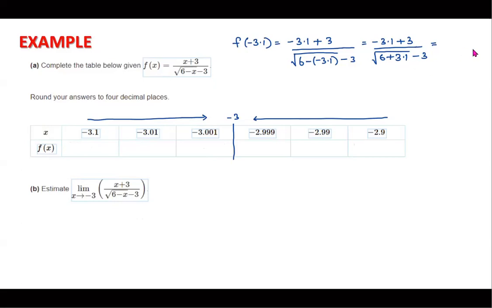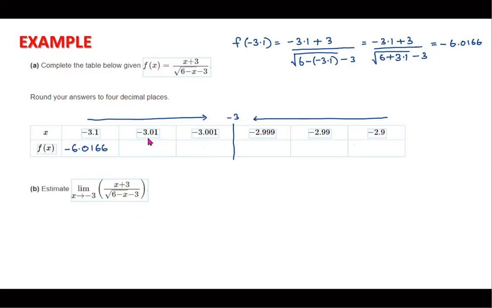If you plug it in, you should get negative 6.0166. So the value that we obtain here is negative 6.0166.